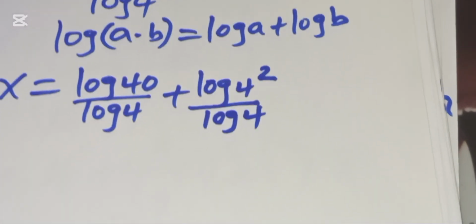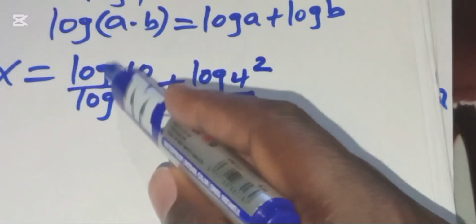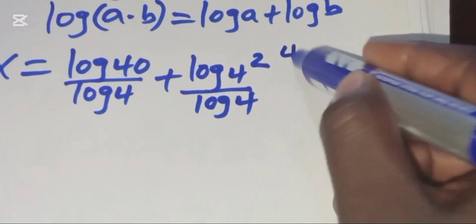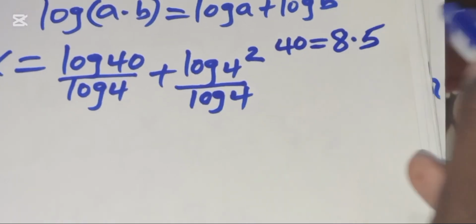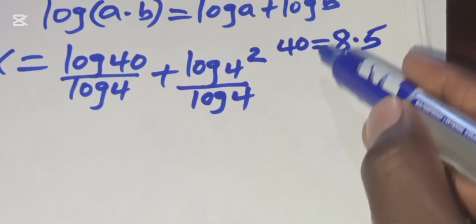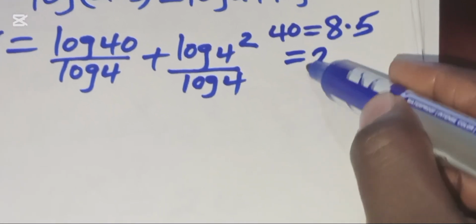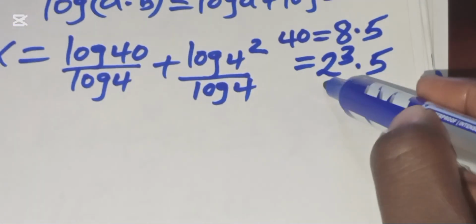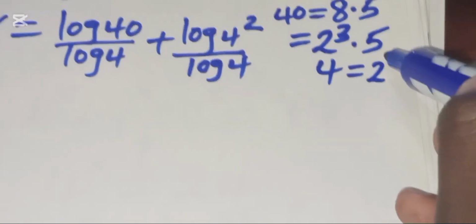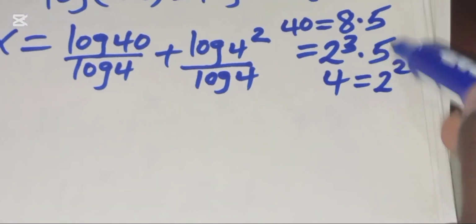Now we can express 40 as 8 multiplied by 5, and 8 as 2 to the power 3, multiplied by 5. We can also express 4 as 2 to the power 2. Let's substitute this.